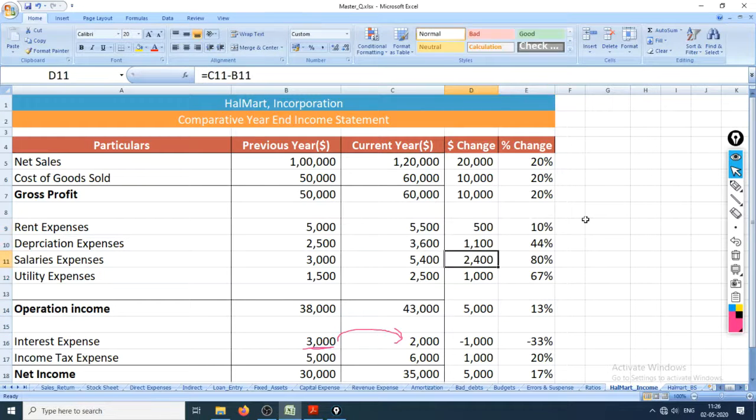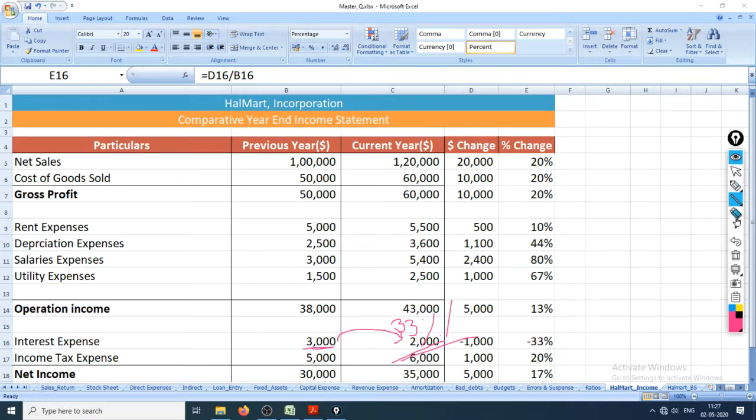Okay, looks like something went wrong. So 3,000 to 2,000, hence there is a decrease of 33%. So you see that feature is not inbuilt in me.